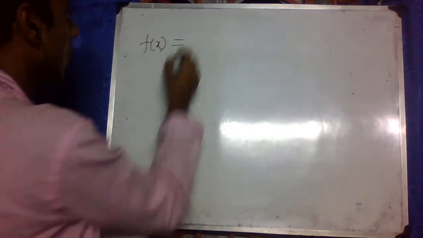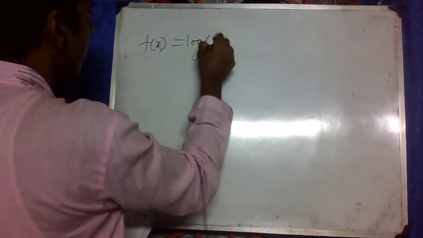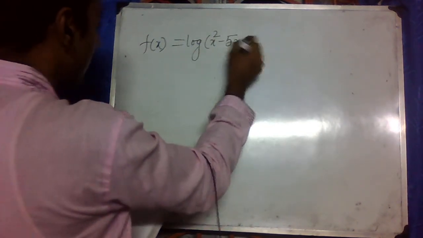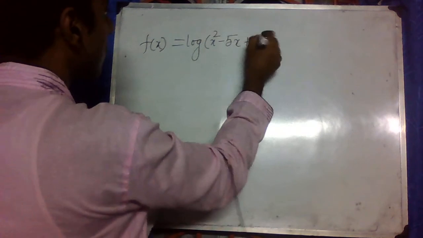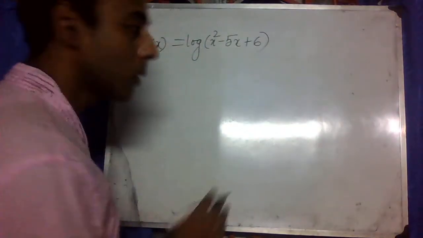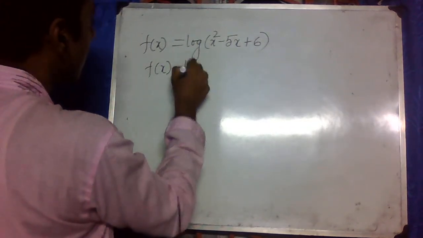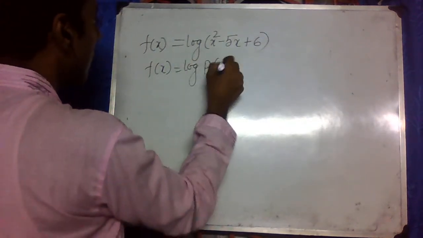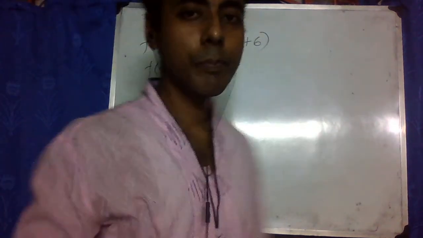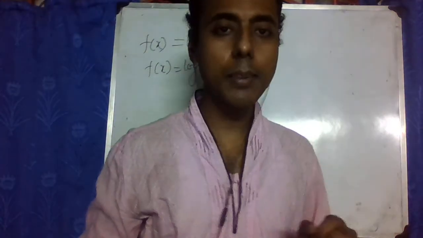Next problem, f(x) is equal to log of (x square minus 5x plus 6). Now this is of the form f(x) equal to log of p(x).